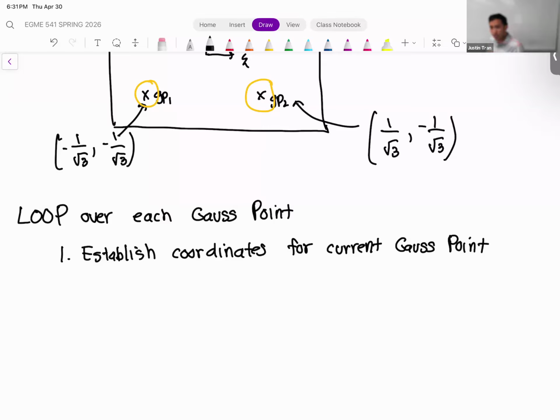Because we're going to be evaluating each of our integrals, the element stiffness matrix integral and the element forcing vector integral, at each of the Gauss points, we're going to plug in for epsilon and eta. So think of this as establishing the values you're going to plug in for epsilon and eta. So we have epsilon g and eta g.